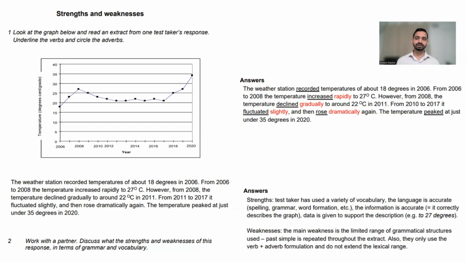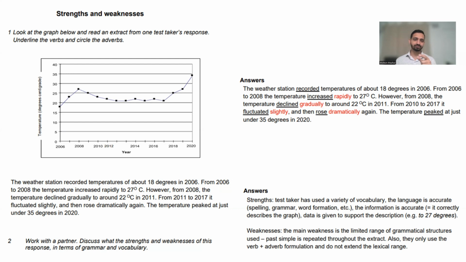So you must have highlighted or underlined the verbs and adverbs. So here are the verbs and adverbs. The first verb here is the weather station recorded. That's a verb, right? And then the second verb is from 2006 to 2008, the temperature increased. Increased is the verb that is used. And then rapidly, right?